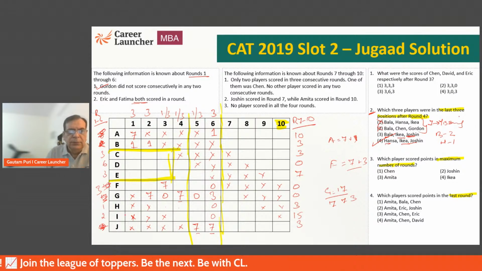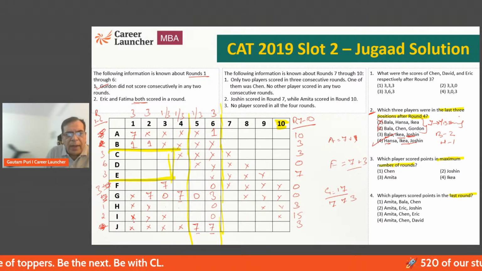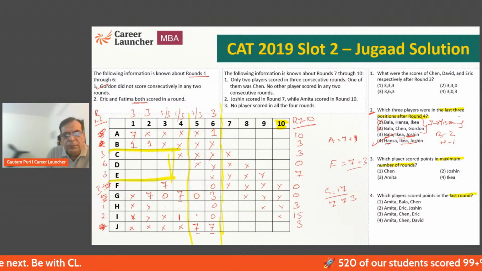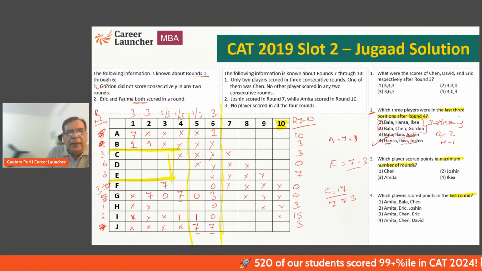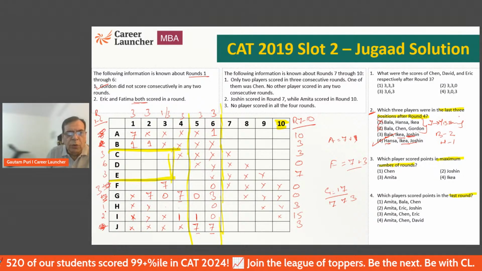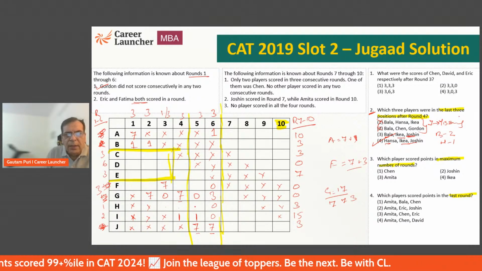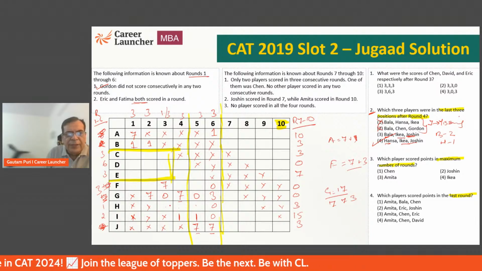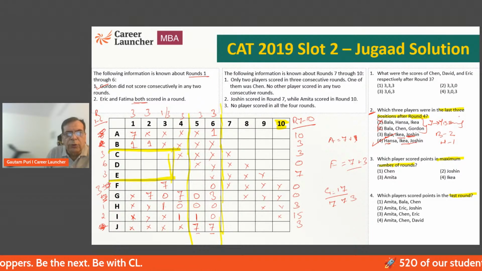Okay. Now I is 1 and 1. So in round 4 and 5 also 1 is taken care of. H will get only a 1. So this is 0, this is 0, this will have to be 1.